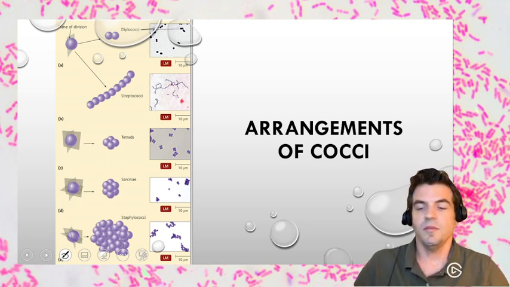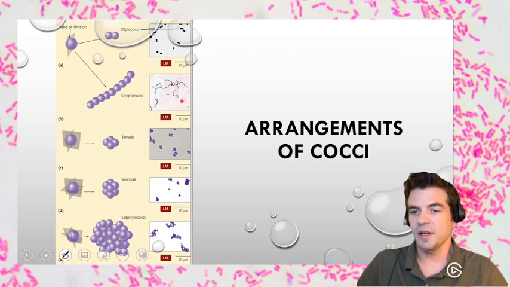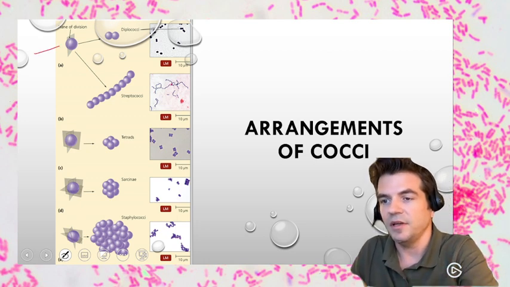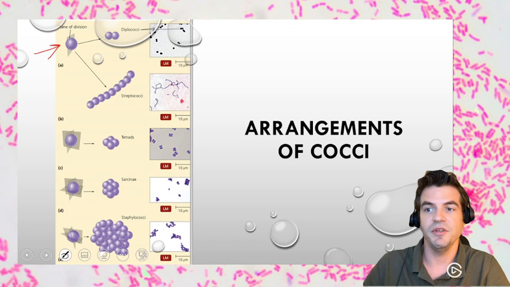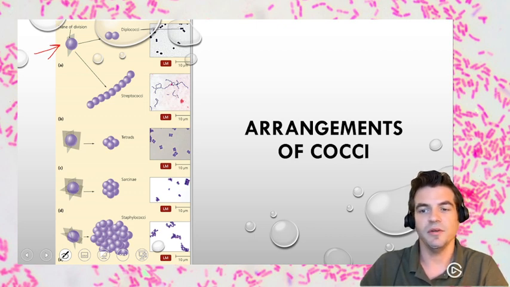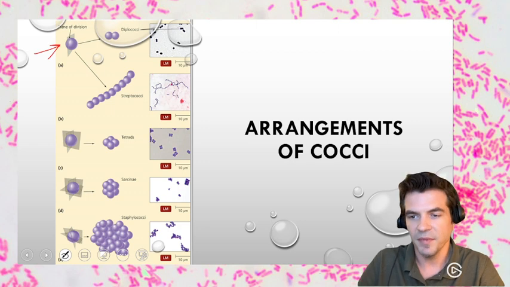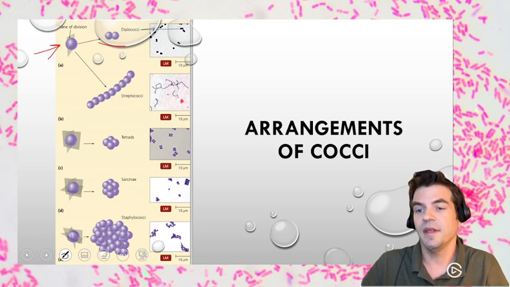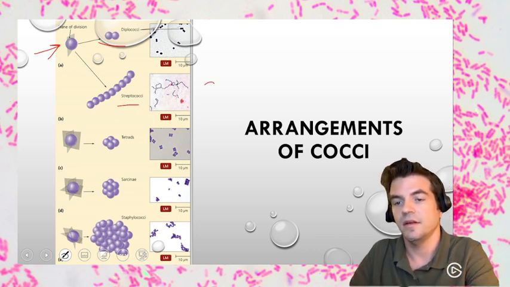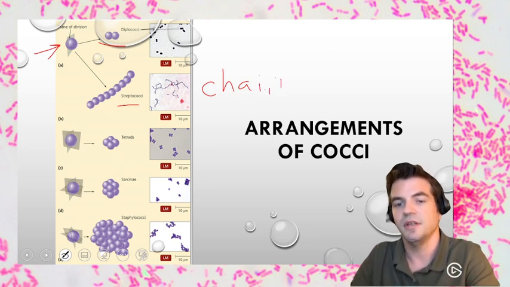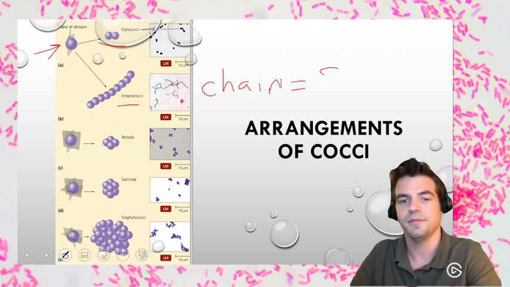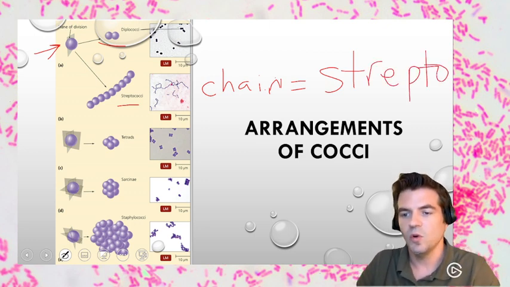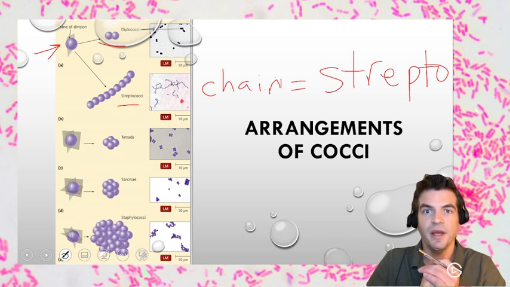As I was mentioning, we can have different forms of cocci and bacillus, and it is all relevant according to their plane of division. Their plane of division will tell you which kind of bacteria you get. So if you have two cocci, you are a diplococci. If you have a chain of spheres, you're going to be strepto. And if you have them in a quad, or a four pair, it'll be called a tetrad.